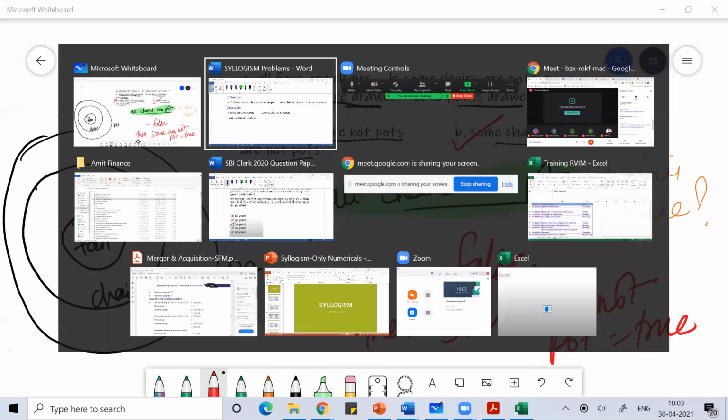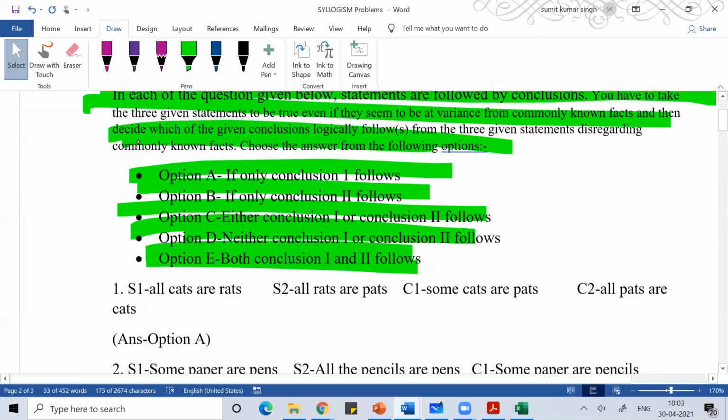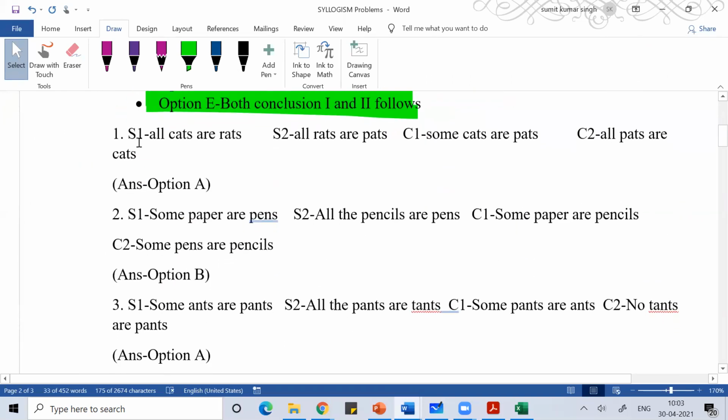Now you see this. These are statements. S1 means statement one, S2 means statement two. Based on these statements one and two, you have two or three conclusions.